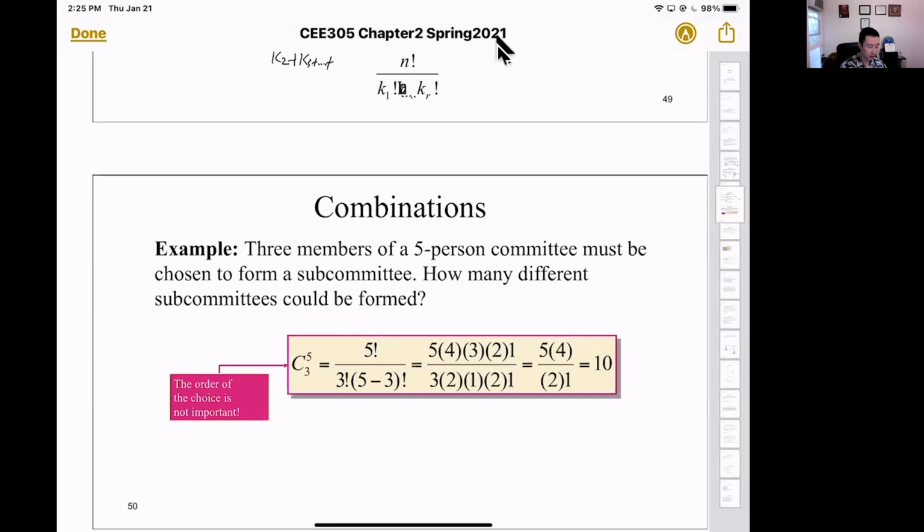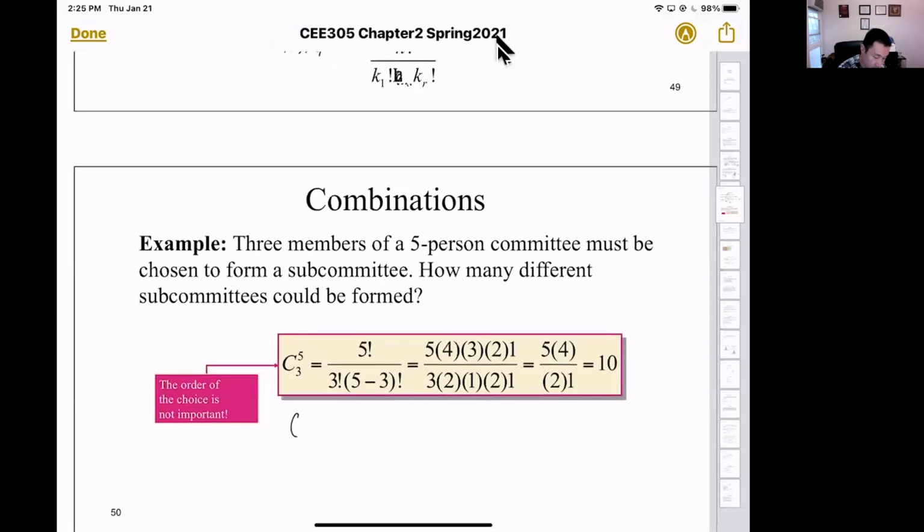Then we use the equation for combination. Again, the equation is this, with n minus k.